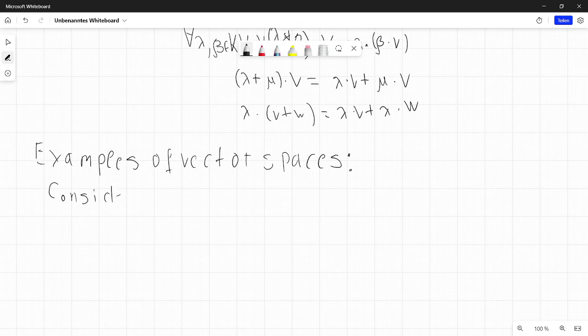Consider a field K, and now let's just do some weird stuff. Just take this as the usual notation for addition and multiplication. We mean by plus addition, by times we mean multiplication, right?